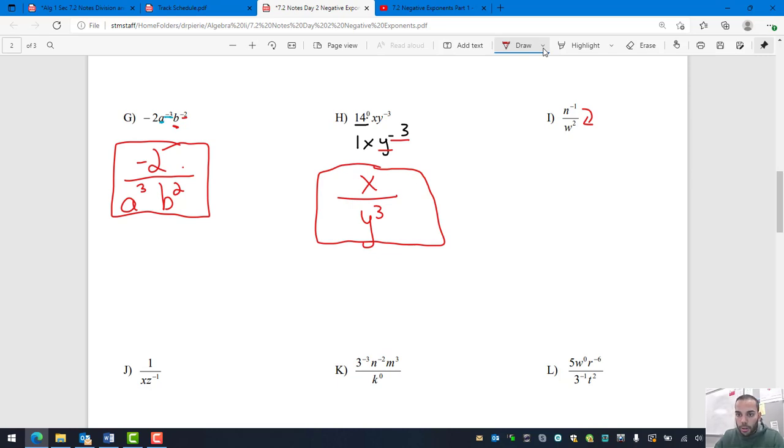Once it moves to the denominator, it's going to become a positive exponent, just plain old n to the first power, or just n. But in my denominator, I had w squared. That's a positive exponent. I don't have to do anything with it. It's fine where it's at right now, so it just stays in the denominator, w squared. But we have nothing left on top, and if nothing's left on top, it's not 0 on top. It's equal to 1 on top. 1 over n w squared.